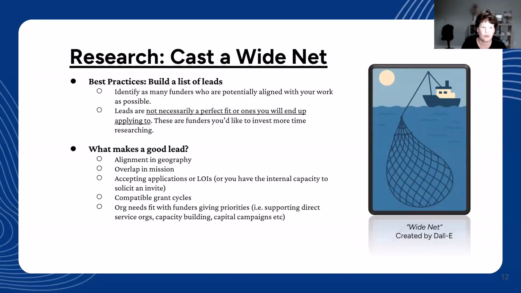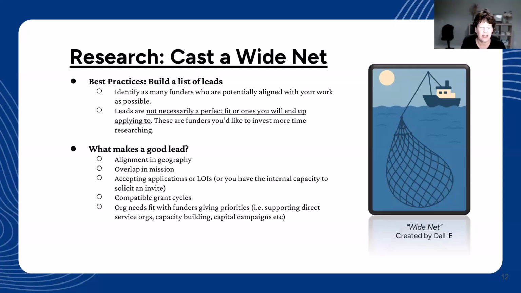At this point, we're not screening out leads, we're just searching for funders and taking that first glance at the funder and seeing if we are aligned with them. There's going to be a next step where we do more in-depth research, but this part is really that first casting your net out into finding the funders.